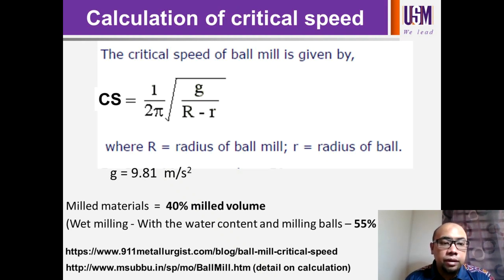If you don't try it, you cannot relate what you have learned in the milling process, because this question can be combined with other milling information, such as how to increase the efficiency of the milling process by relating it with the critical speed, and how the critical speed affects the quality of the end product of the slurries prior to feeding to the spray dryer and others.